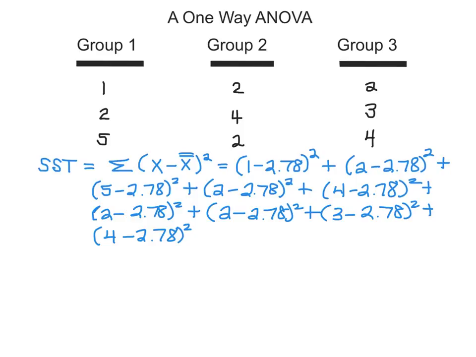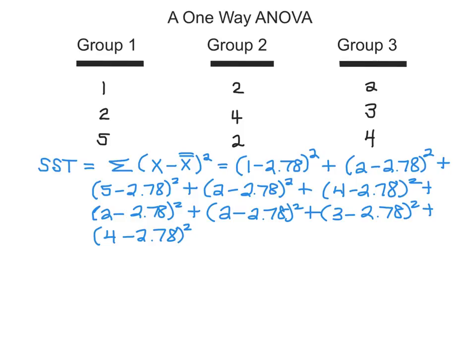0.78, square it, plus 5 minus the grand mean 2.78, square it. And we're going to do this for all of the conditions.